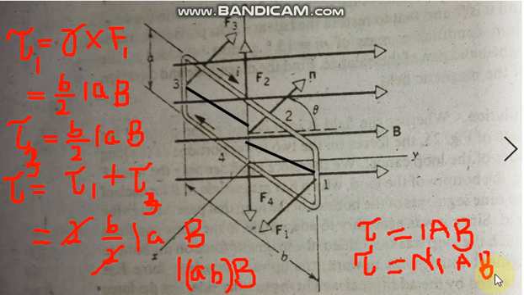B is the magnetic field in which this coil is placed. So the total torque acting on such a coil will be equal to n times I into A into B.